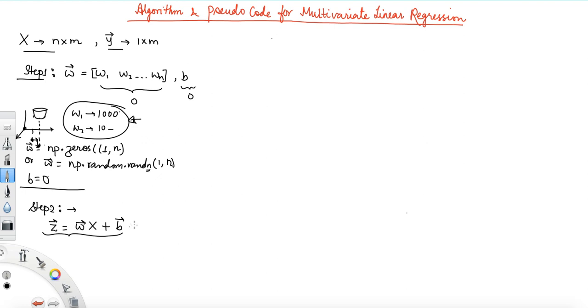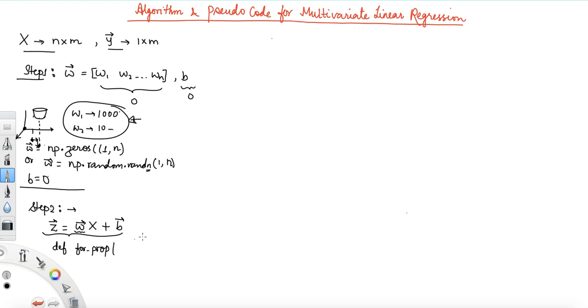So this is step 2, and all these steps can be implemented using a function. So here we can define this function, and that is forward propagation. Forward propagation because we are moving forward. The design matrix X is there, and also we have the w vector, then b is also there.